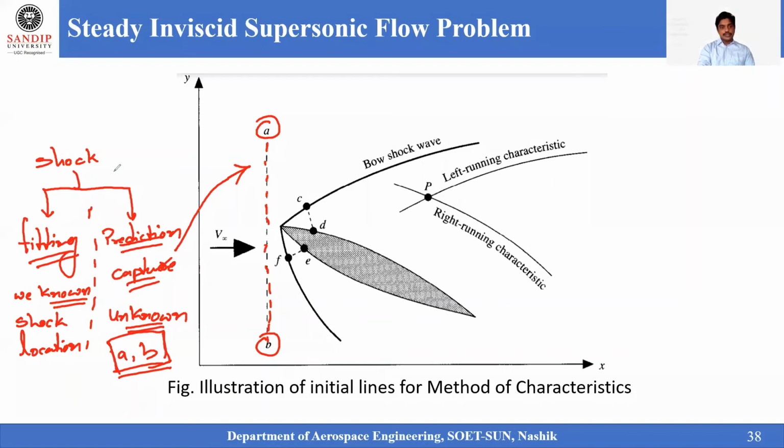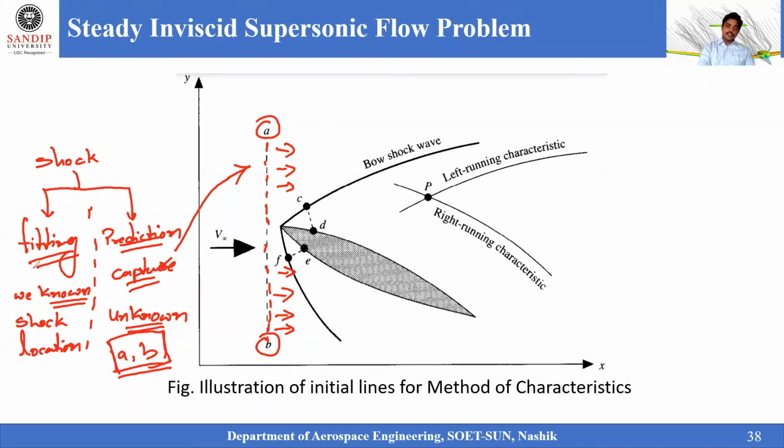With shock capture, only the initial values of AB are known in my problem. Just with that I am approaching the problem, and with that we are running the equations. This will capture where exactly the shock waves are available on the body.